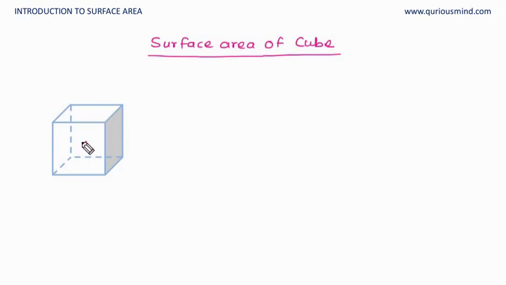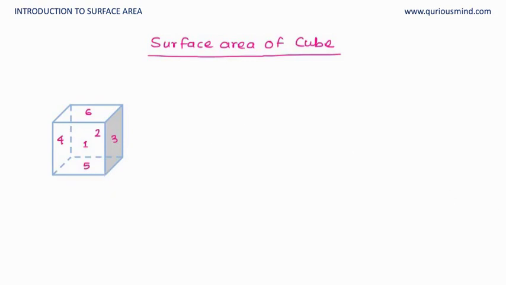Then there is a back face, I'll show that as 2. Then there is a side face, 3 on the right side and 4 on the left side, and the bottom face 5 and the top face 6. So there are 6 faces of a cube and each face is a square.